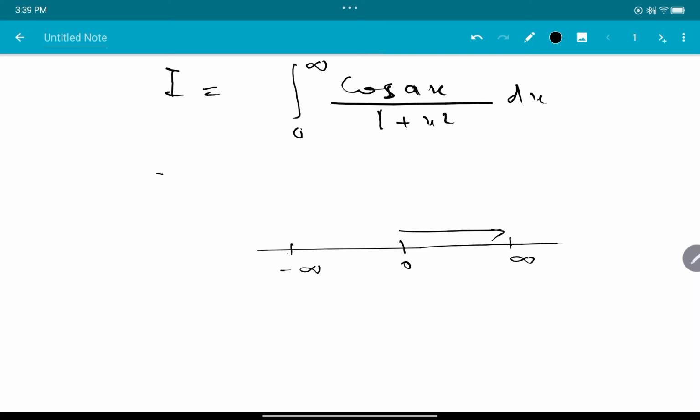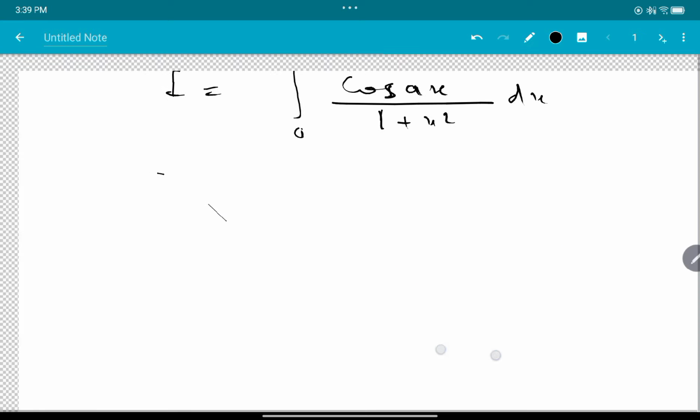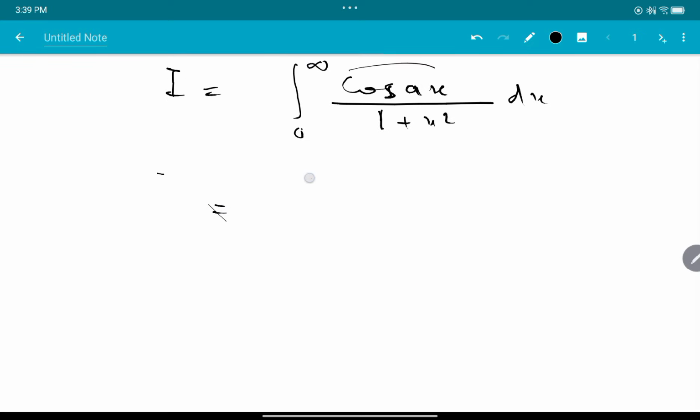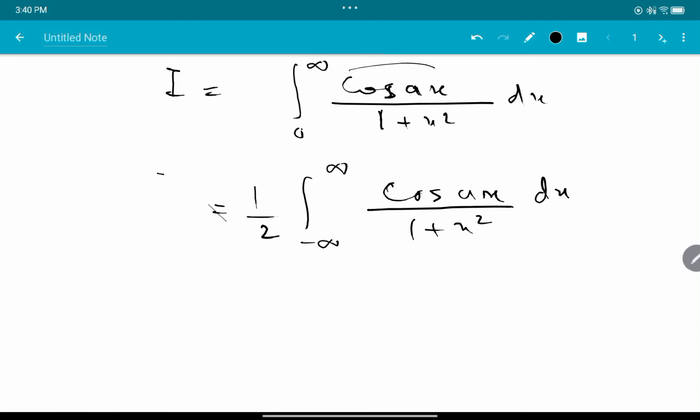Since cos ax is an even function, and so is 1 plus x square, we can extend this limit from minus infinity to plus infinity, cos ax divided by 1 plus x square dx, with a factor of 1 by 2.